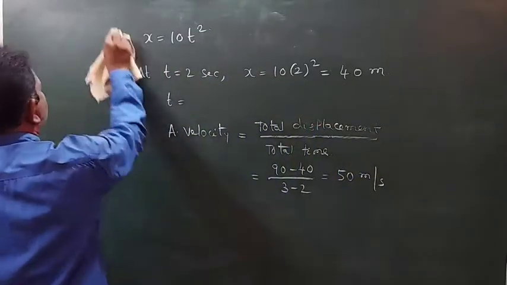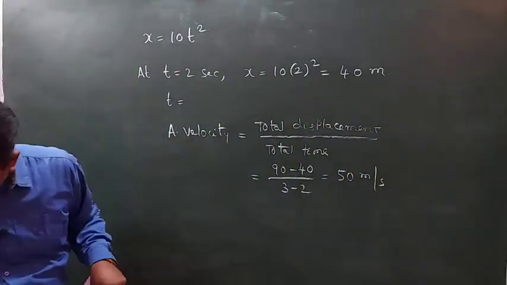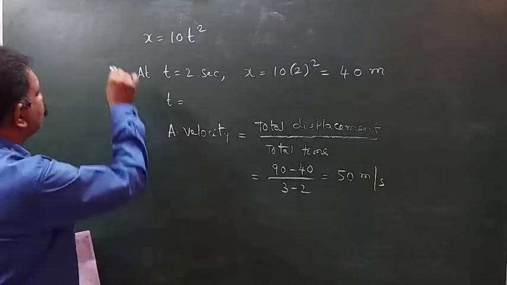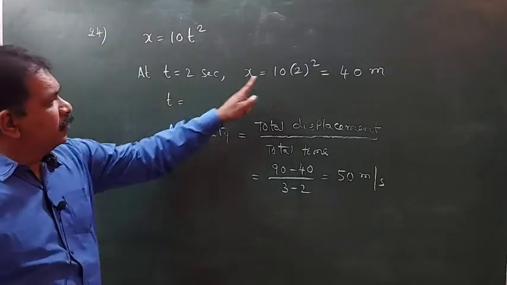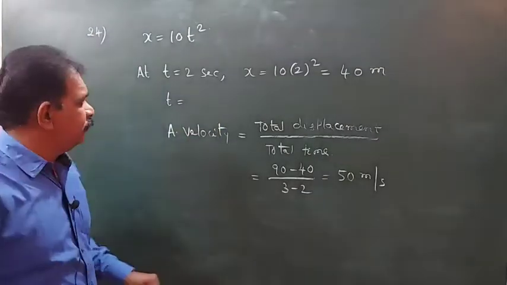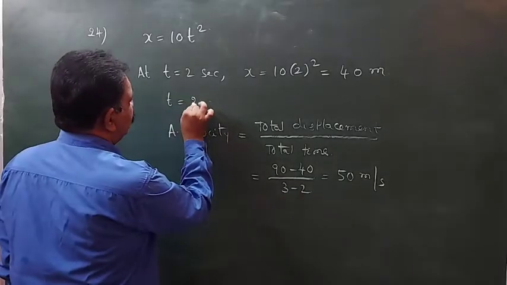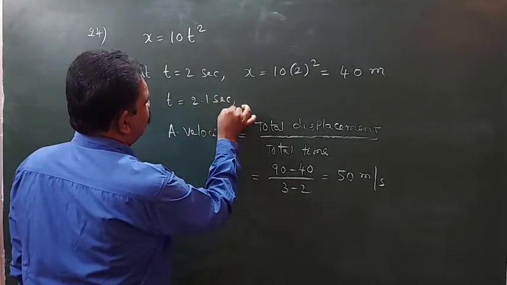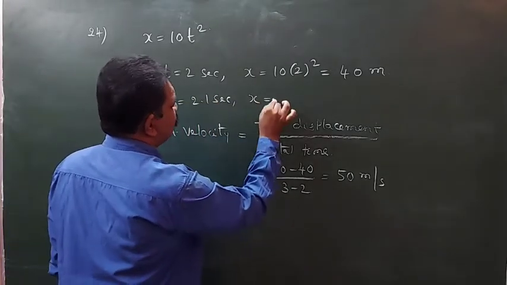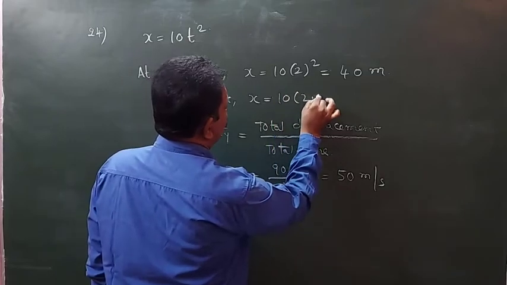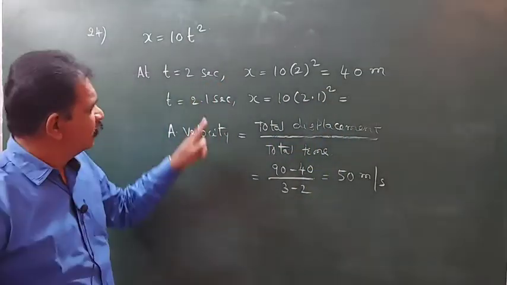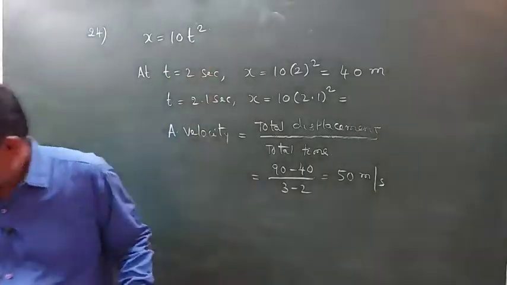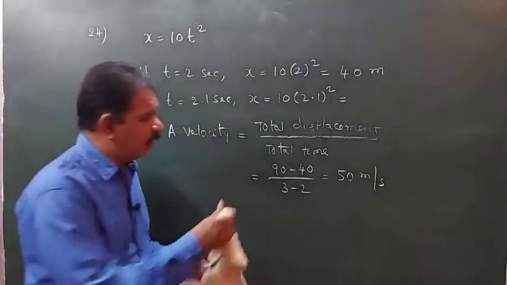This is problem number 24. T is equal to 2 seconds, this one. And at t is equal to 2.1 second, x is equal to 10 into 2.1 whole square. Just like above problem only, just time values are different, that's it.